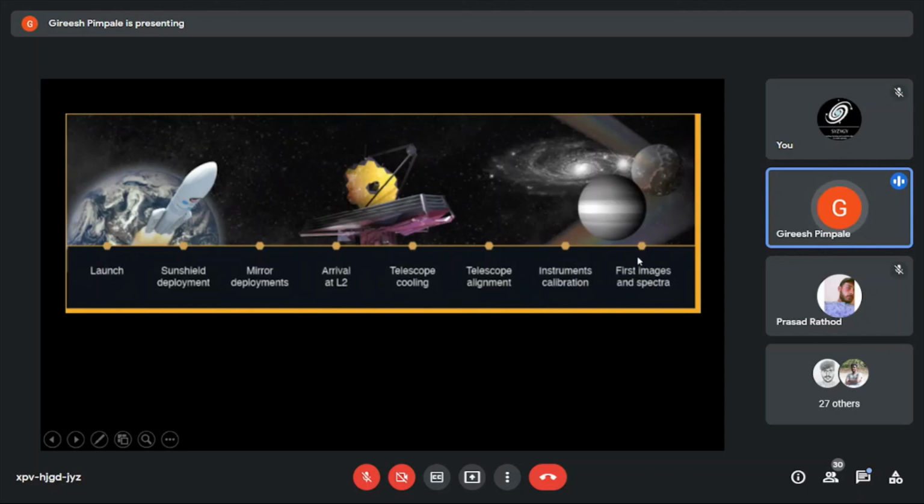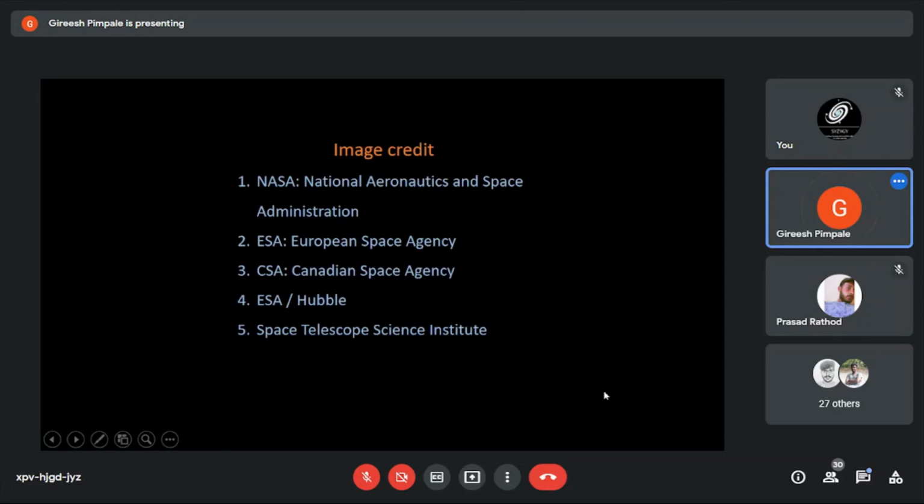So now we are here. We are at the last stage of the operation of this telescope. All these primary adjustments have been done successfully as per the schedule, and now we are eagerly waiting for the first images and the spectra which this telescope is going to give us.